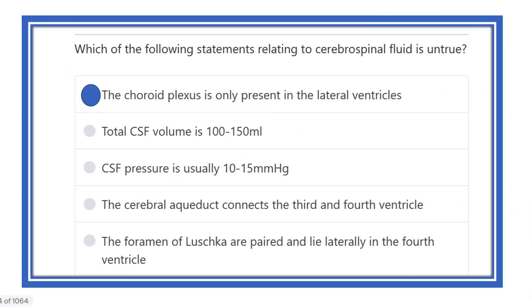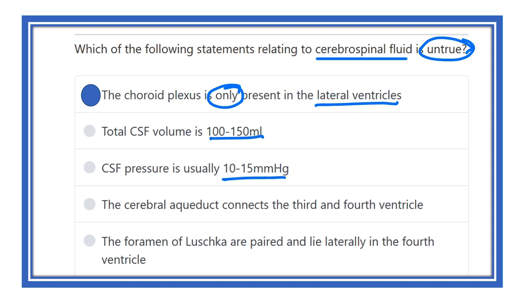So finally our answer is ready: which is not true regarding the cerebrospinal fluid? The choroid plexus is only present in the lateral ventricle. It is false, because the choroid plexus is present also in the third ventricle and fourth ventricle. CSF 100 to 150 ml, it is true. CSF pressure 10 to 15, it is also true. The cerebral aqueduct connects the third and fourth ventricle, it is also true.